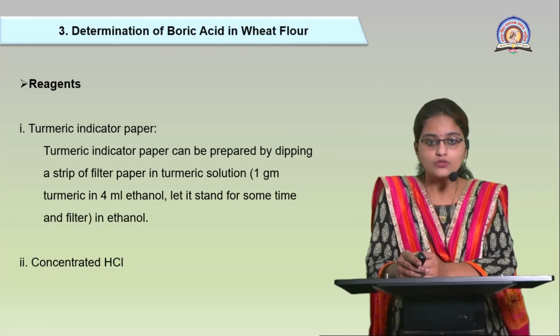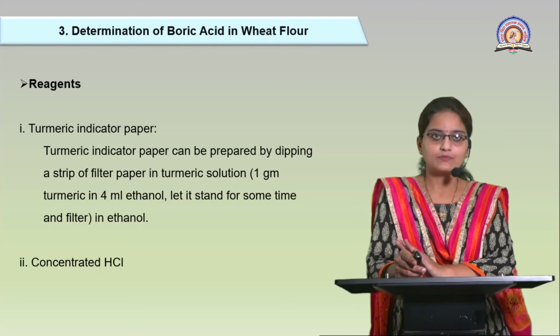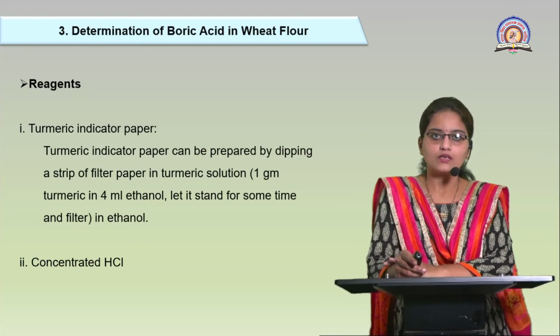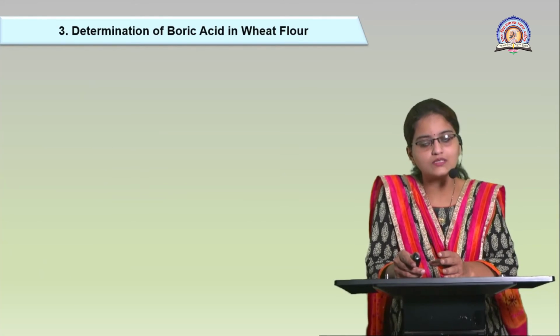The turmeric solution contains 1 gram of turmeric in 4 ml of ethanol. Let it stand for some time and then filter from the ethanol, and the other reagent we use is concentrated HCl. So let's move towards the experiments.